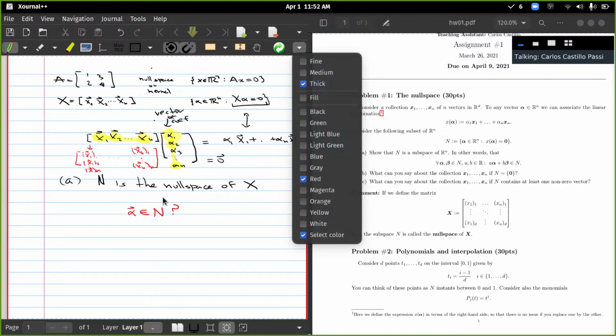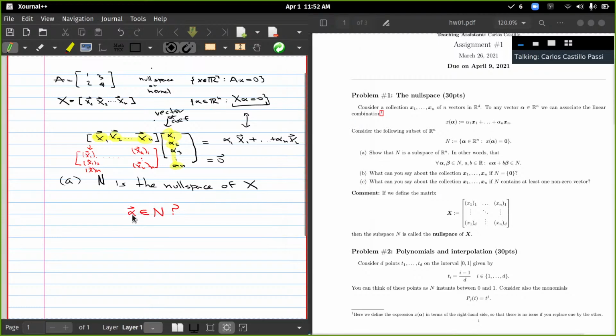Okay, so how can we answer this question? Is this vector of coefficients alpha in this set N?